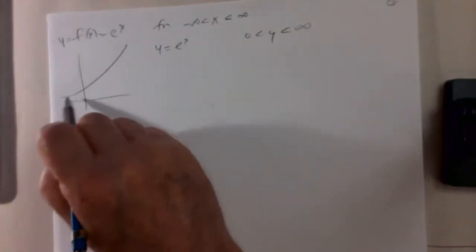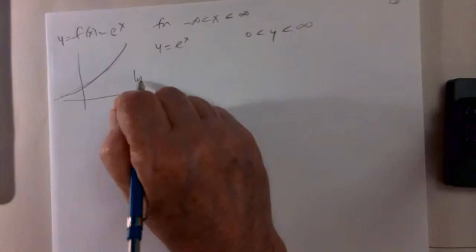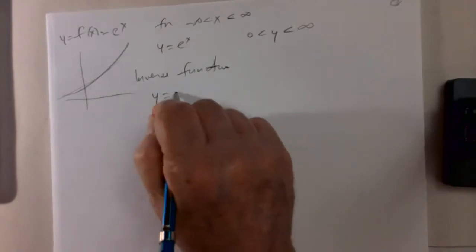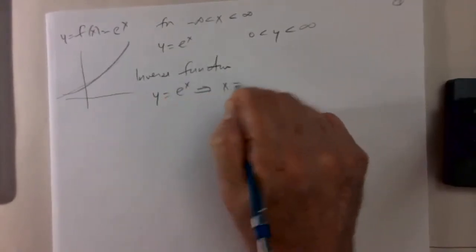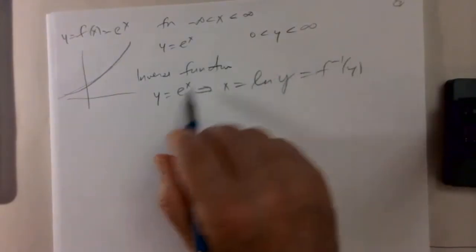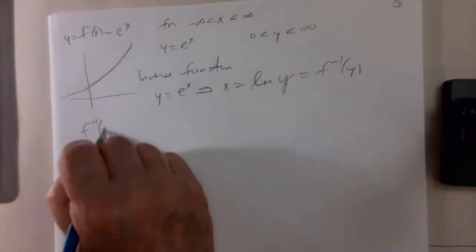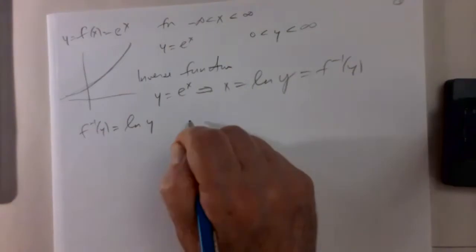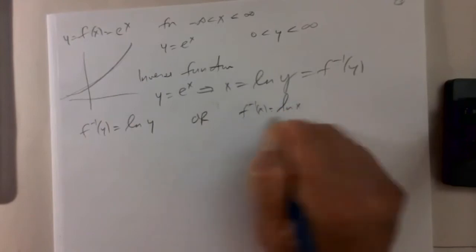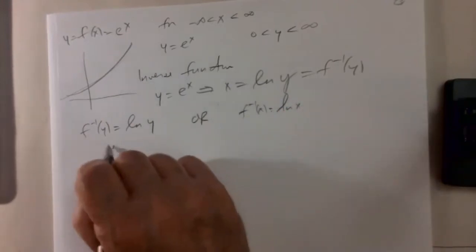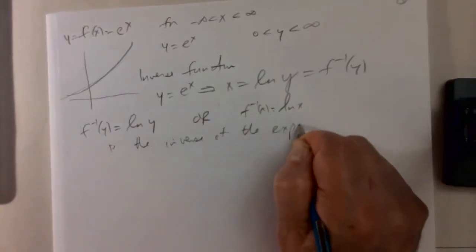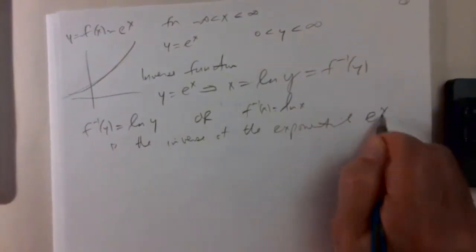The exponential function is positive. This is strictly increasing. What is the inverse? Well, if y equals e to the x, that means x is the natural logarithm of y. That's the inverse function. So f inverse of y equals log y, or we can write f inverse of x equals log x, if you prefer using x as your variable, is the inverse of the exponential function e to the x.